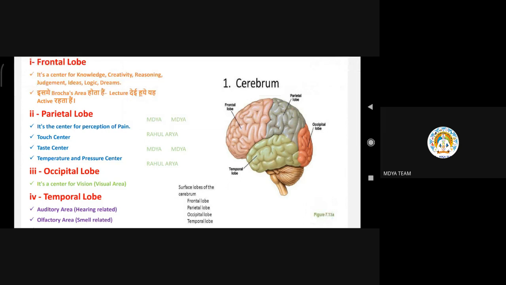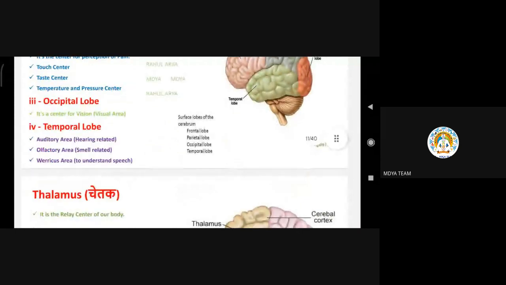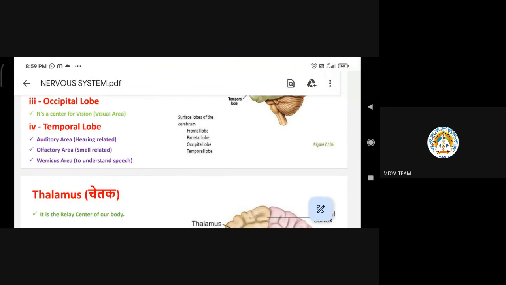It is responsible for vision. Now the temporal lobe is directly connected to auditory or hearing purposes. It is also responsible for olfactory, meaning smell, and Wernicke's area, to understand speech. Okay, so these are the functions of the different lobes.